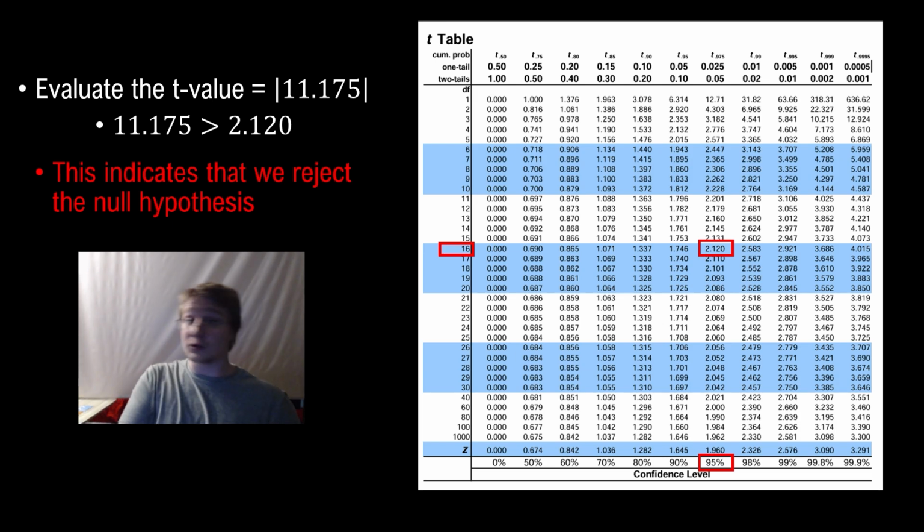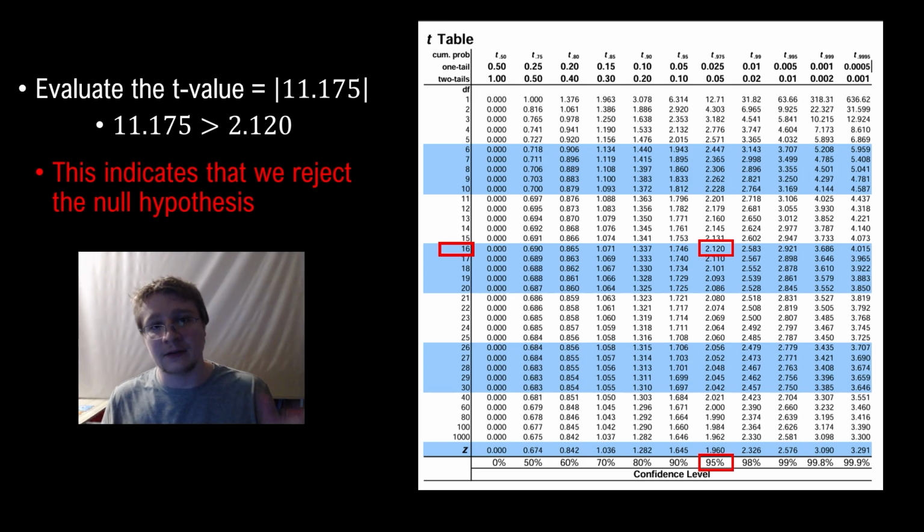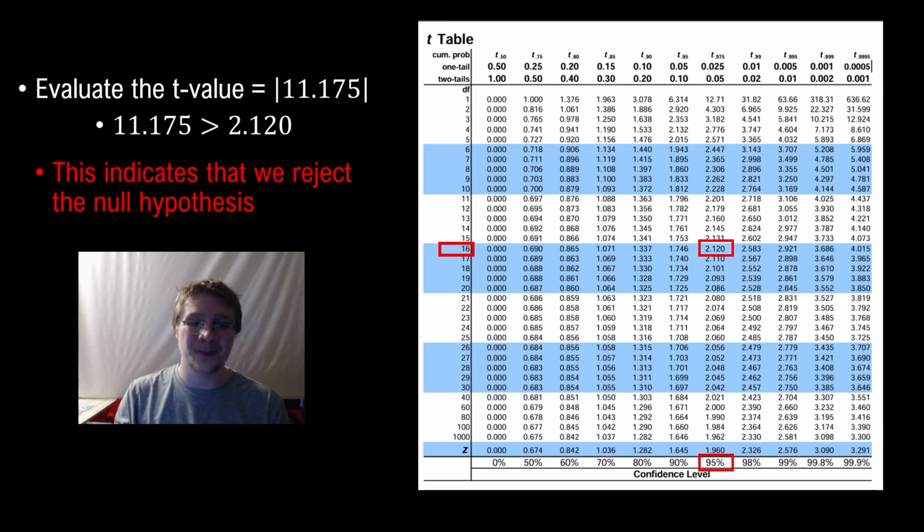Our t-value is way bigger, so we reject our null hypothesis. Remember that our null hypothesis is that after the 4 weeks, there was no real change in weight, either gaining or losing weight in our workout routine. So we're rejecting that, which means we're saying that there was a difference.